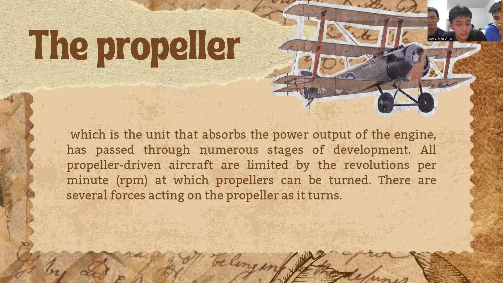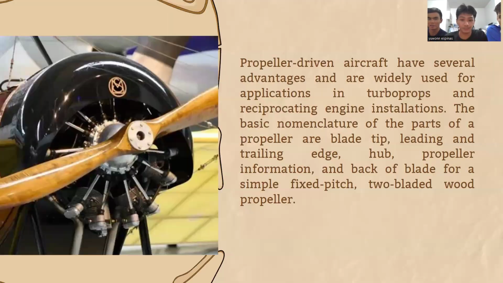A rotating propeller is acted upon by centrifugal twisting, aerodynamic twisting, torque bending, and thrust bending forces. Propeller-driven aircraft have several advantages and are widely used in turboprops and reciprocating engine installations.